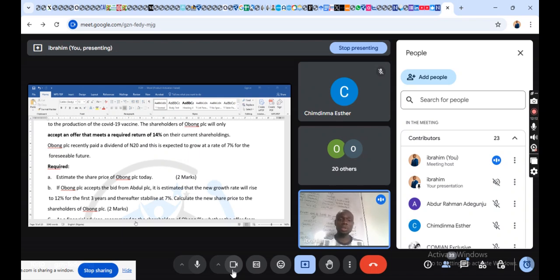So what will you use to discount? The cost of equity, which is given to us as 14%. Then we increase it to infinity, add the two together, and we have the new share price. And that is another 2 marks.